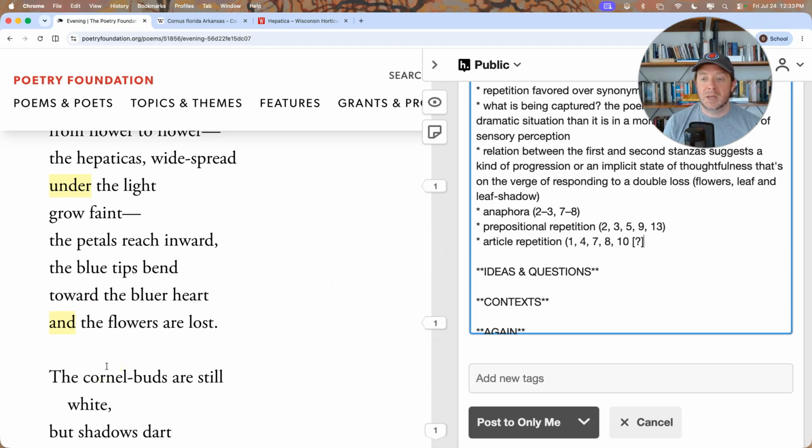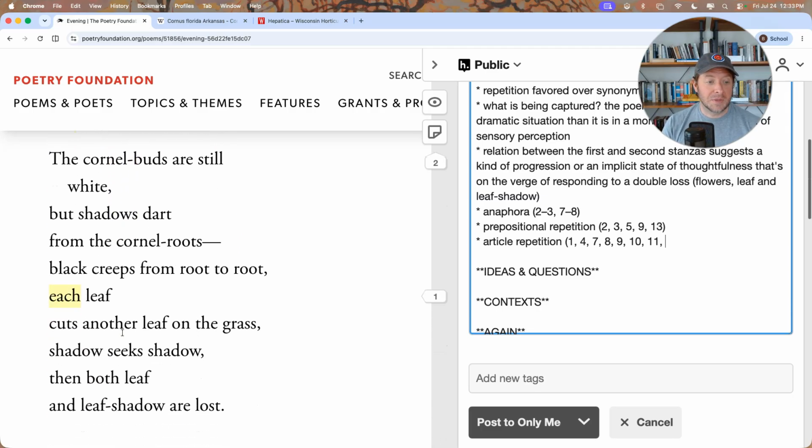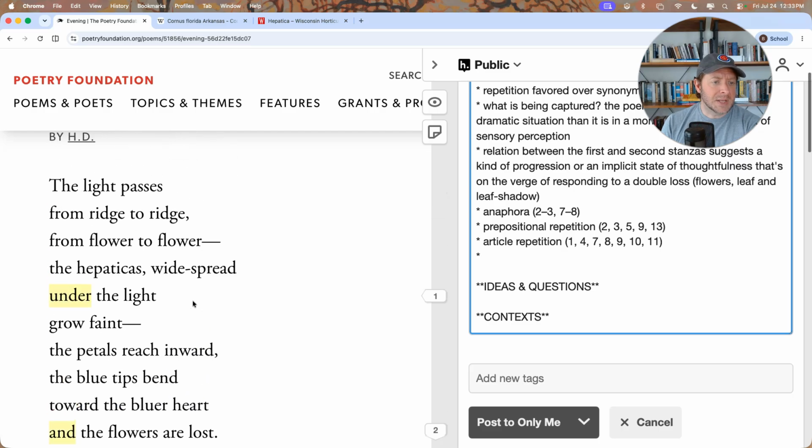So maybe I won't put that there, but I think you see that even these two lines feed into that repetition of the. I'll put them in actually. 11. So we have quite several lines that begin with the in the first half of the poem. So what's going on in the second half then?